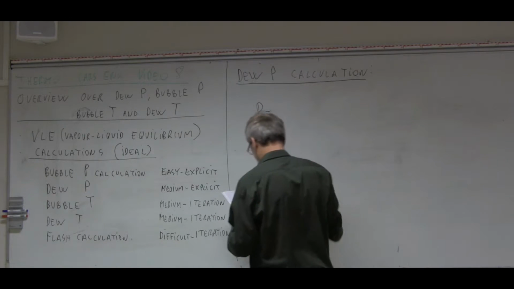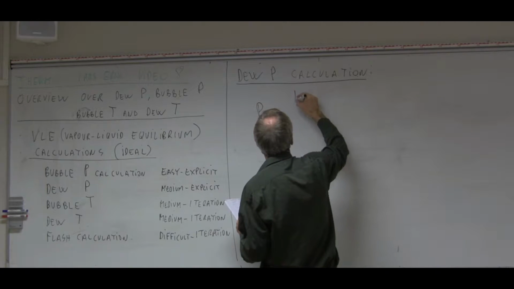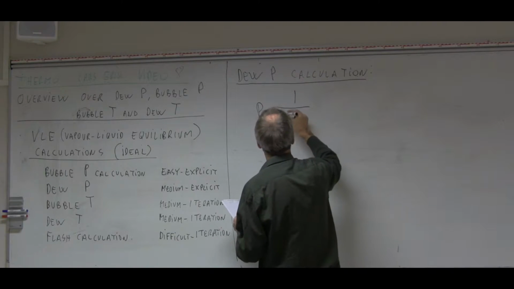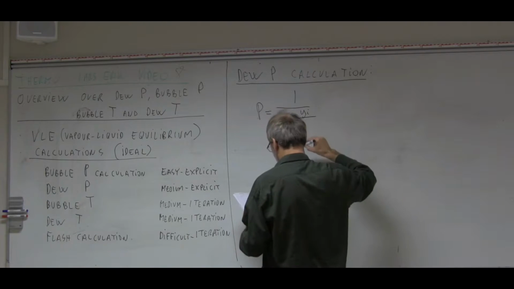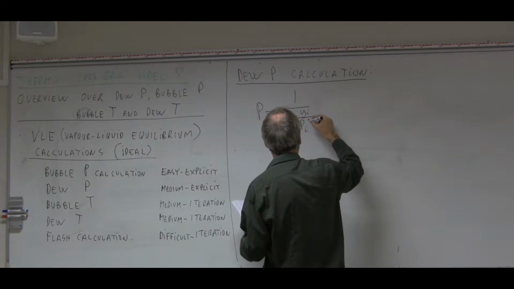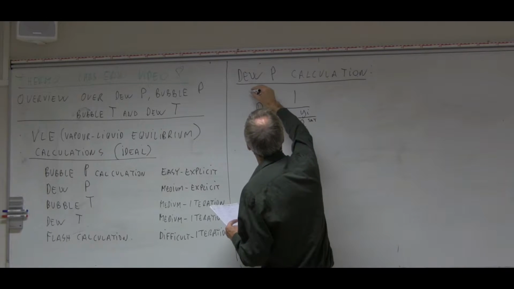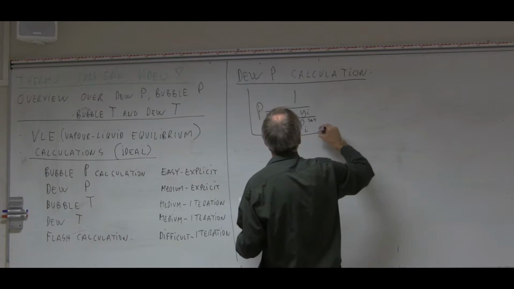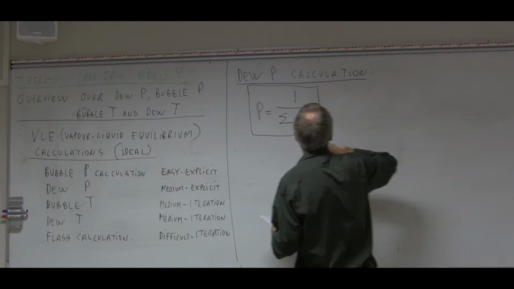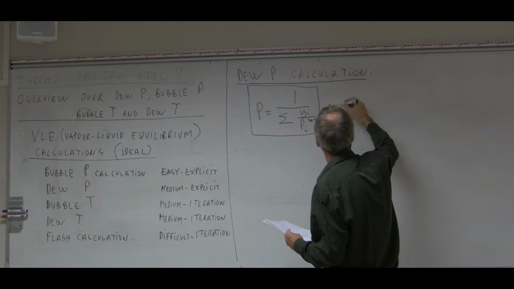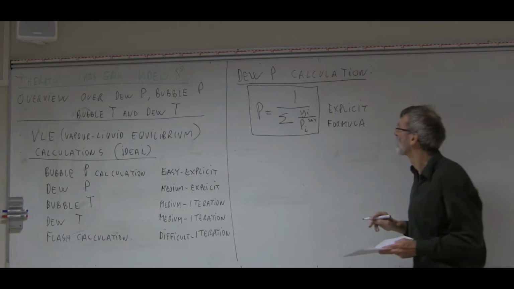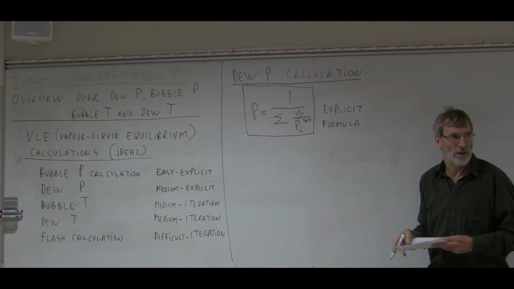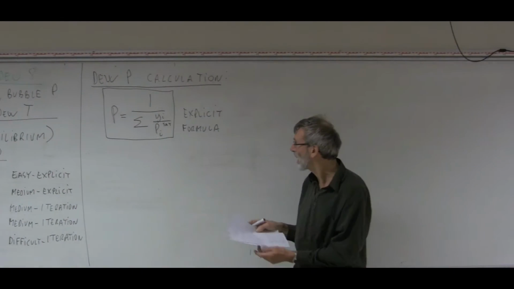P equals 1 over the sum of yi over Pi sat. That is an explicit formula. That was the one that we produced last hour.